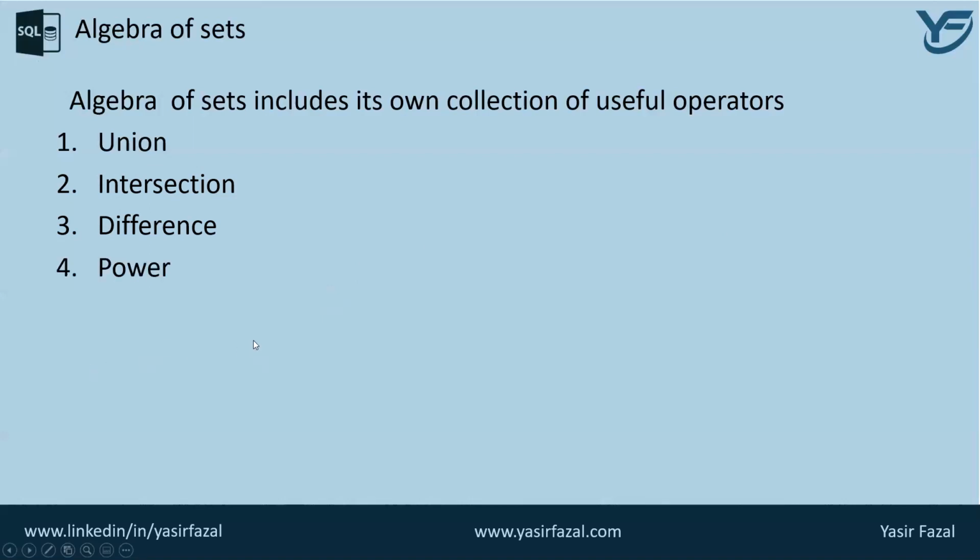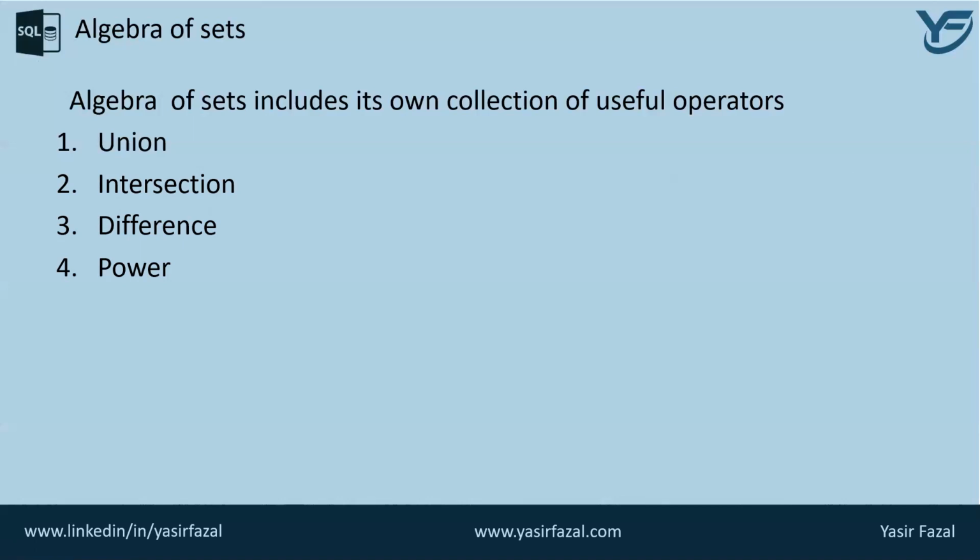Another one is the power set. The power set means that if you have a set A, its members are all possible subsets of that set A. For example, if you have a set which has two members, it will have 2 raised to the power 2 sets in it, right?